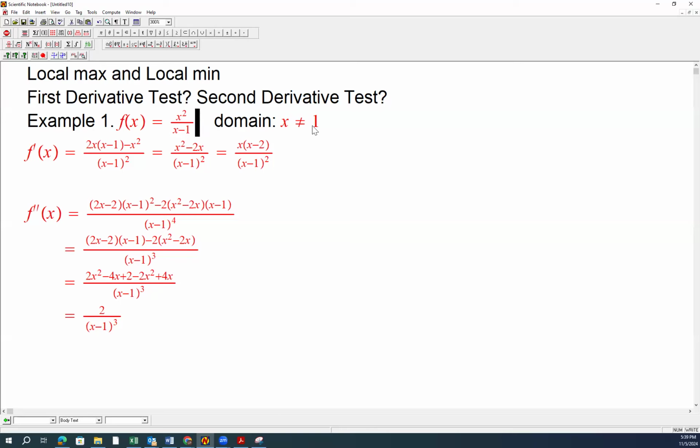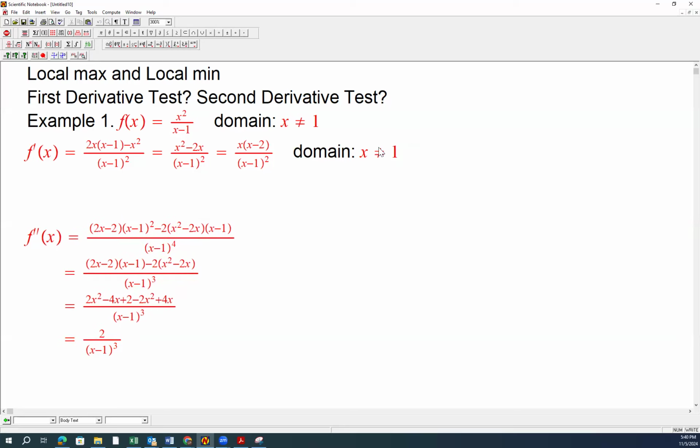The domain of the derivative is the same as the domain of the function itself. So in terms of critical numbers, we don't have the category where the critical number is in the domain of the function but not in the domain of the derivative. The two domains are the same.